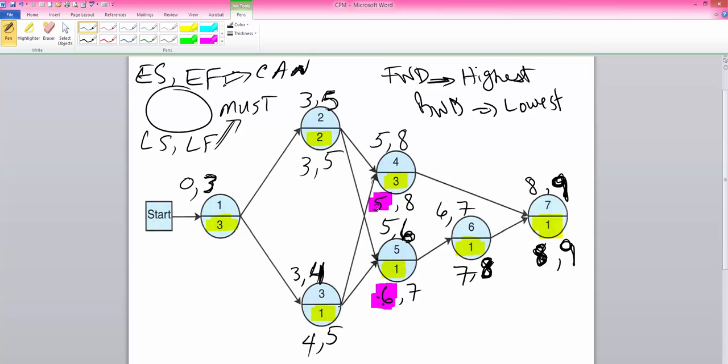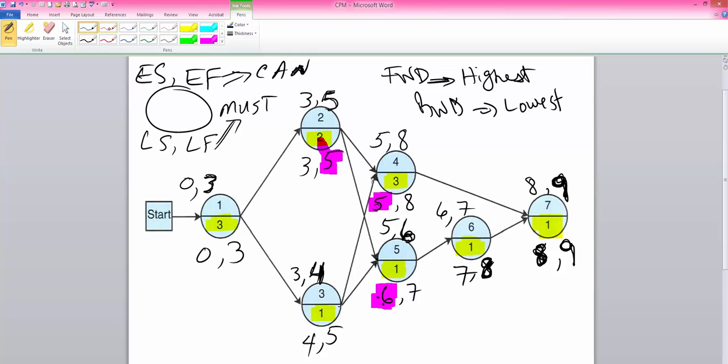We pick the lowest of the latest start times of those activities to set as the latest finish time for the activity that we're interested in computing its numbers. Okay, and finally, for activity 1, the choice is between 3 and 4. I pick the lower number and I get 0.